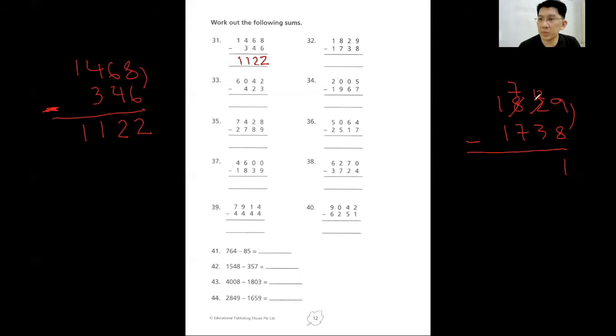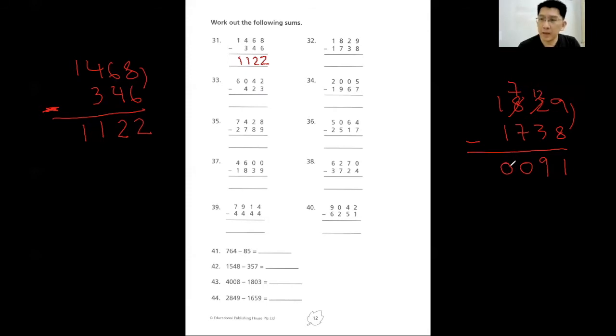All right. Now let's start this one now. 12 minus 3. 12 minus 3 is 9. Okay. All right. 7 minus 7. What is that? 7 minus 7 is 0. Okay. And finally, 1 minus 1 is also 0.